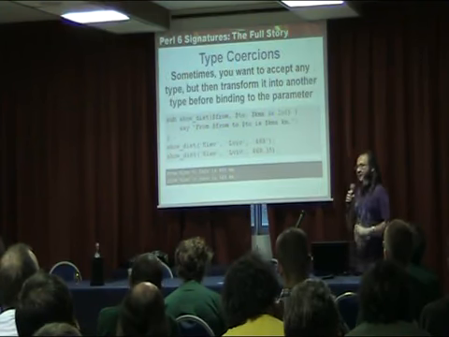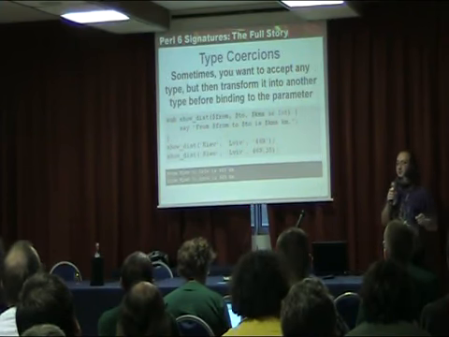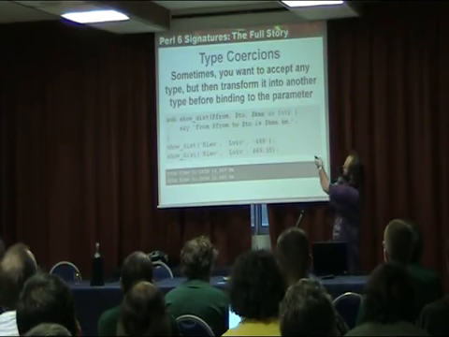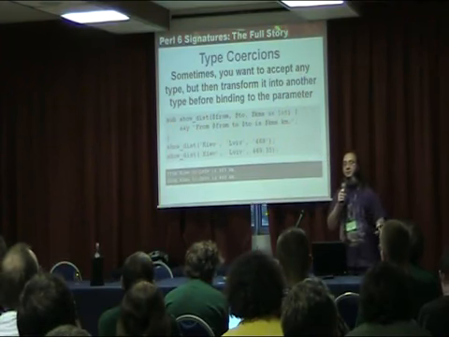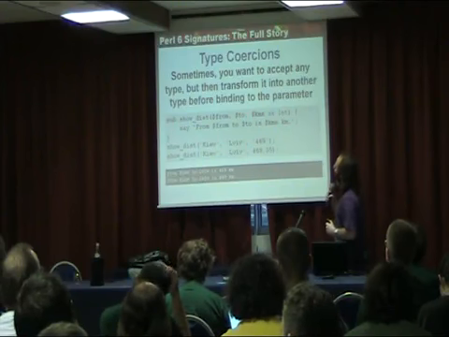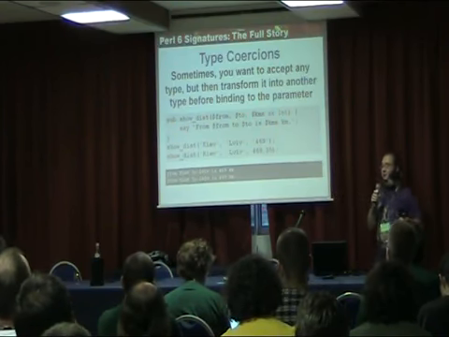You might also actually want to take a value, but then coerce it into some other type of value. So, for example, we might know that in here, we just want to take some amount of kilometers, and maybe we read a string from input or from a file. Maybe we have some kind of fractional number, and we just want the integer part.